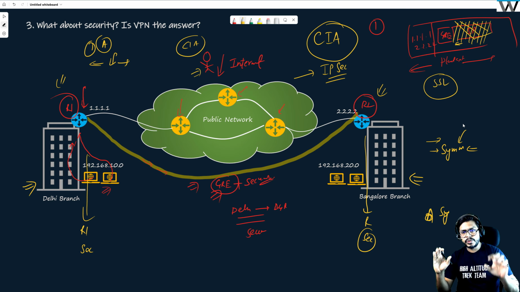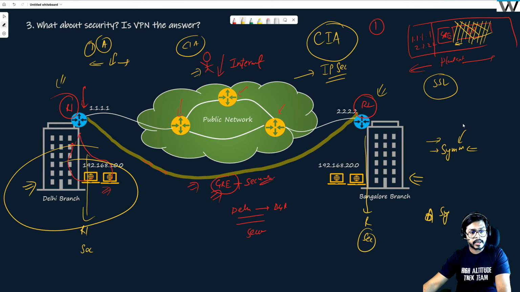If we want to connect two different sites securely over an unsecure medium, I am not talking about single computers now. I am talking about two different sites, and these sites can have 500 devices here as well as here.